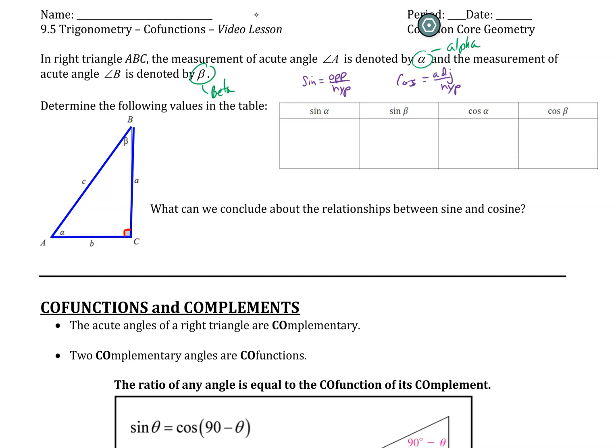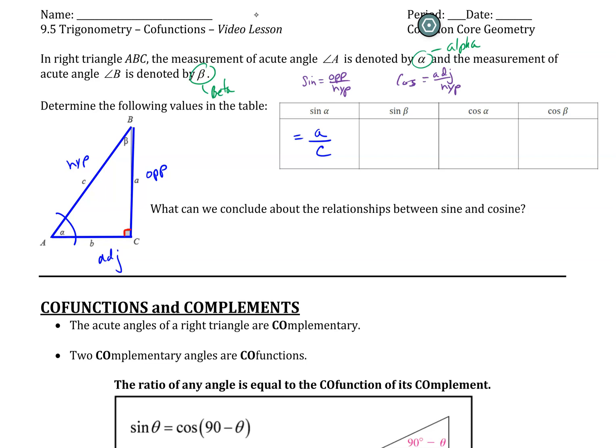So sine of alpha. Here's A. With respect to alpha, or angle A, we've got opposite, hypotenuse, and adjacent. So if I write my ratio, sine of alpha would be opposite, which is a, over hypotenuse, which is c.